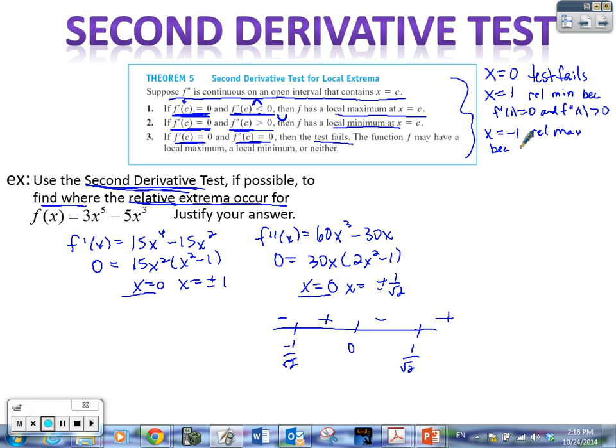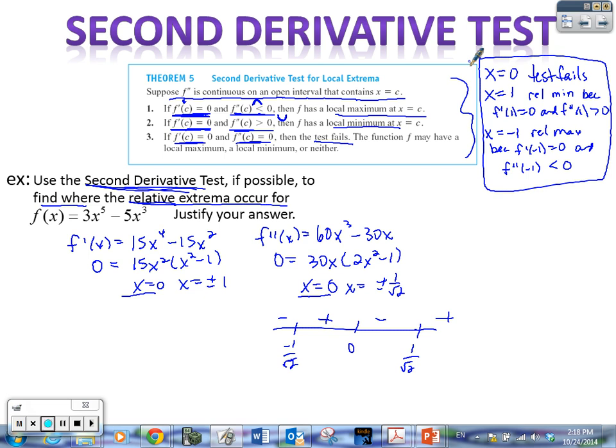Because f prime of -1 is 0, and f double prime of -1 is less than 0, right? It's less than 0. So this is our first problem where we have to use the second derivative test. Are we okay with that?